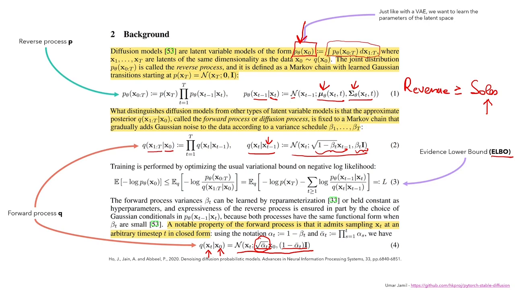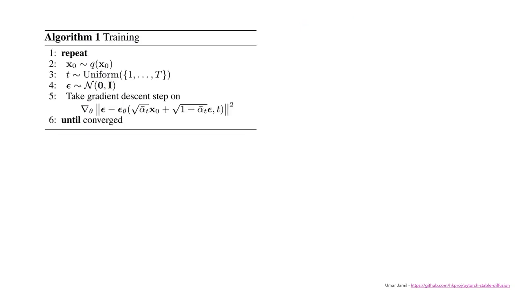But how do we do it on a practical level? Well, this is the training code for the DDPM diffusion models as defined by the DDPM paper. And basically the idea is, after we get the ELBO, we can parameterize the loss function as this, which says that we need to train a network called epsilon theta that, given a noisy image, so this formula here means the noisy image at time step t, and the time step at which the noise was added, the network has to predict how much noise is in the noisified image.